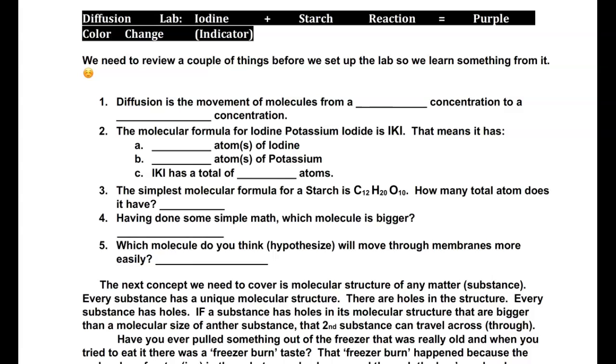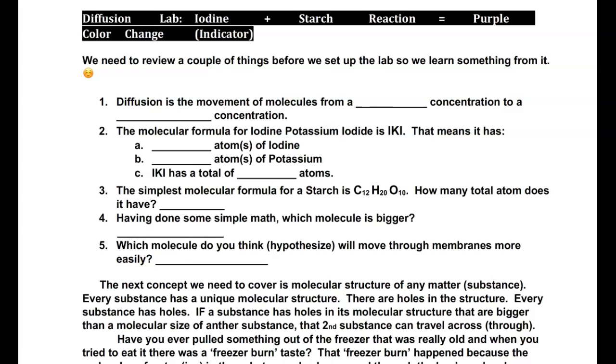Hi guys, today we're going to do kind of an alternative to a lab that we've done for quite some time. Actually, I did this one when I was in school. It's the diffusion lab, so we're looking at how particles of various sizes can move across a membrane.